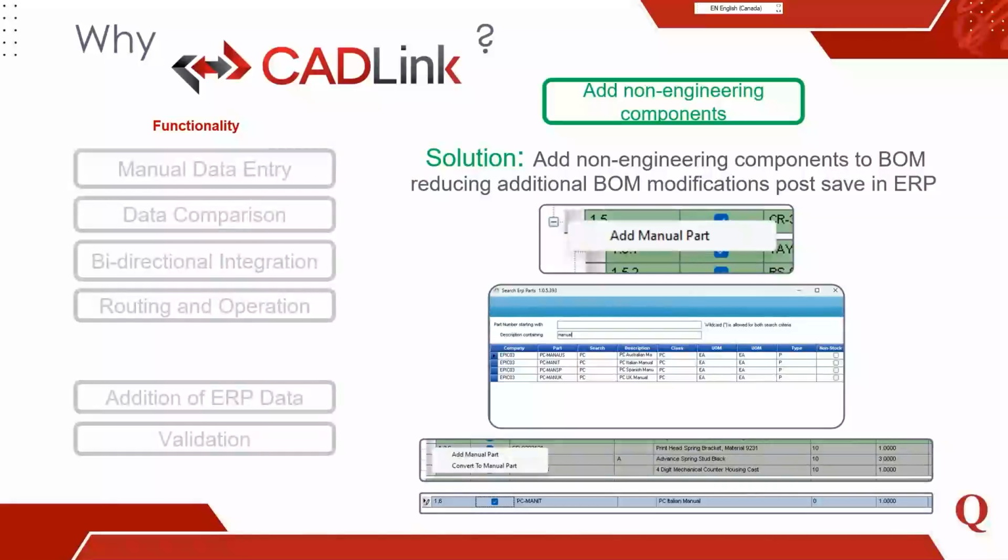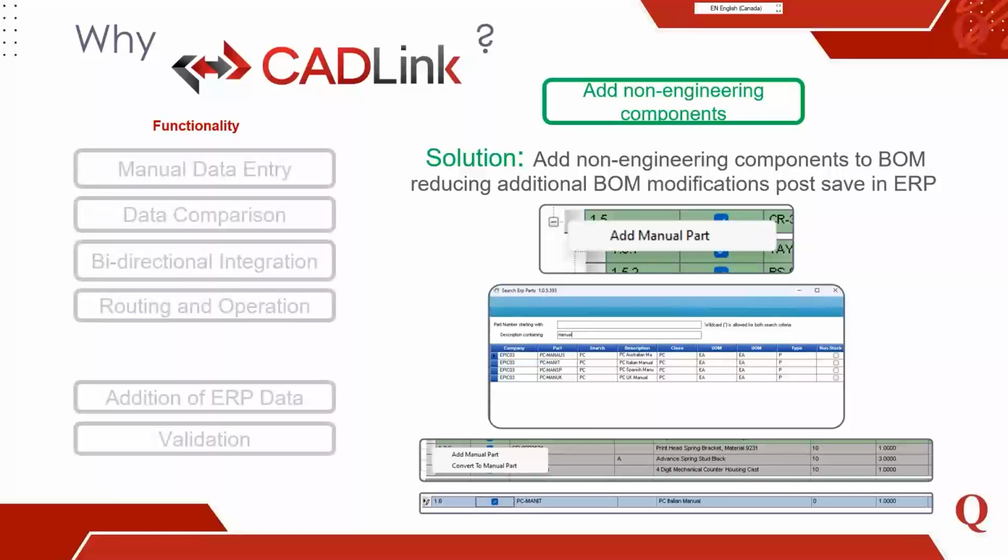A lot of the time, manufacturers also need to add some non-engineering components. So things that are perhaps consumables, hardware, bolts, nuts, adhesives, or glue, user manuals, or even labor time. So any non-inventory items, those can be linked directly to the bill of materials in NetSuite by adding them to your CADLink BOM.